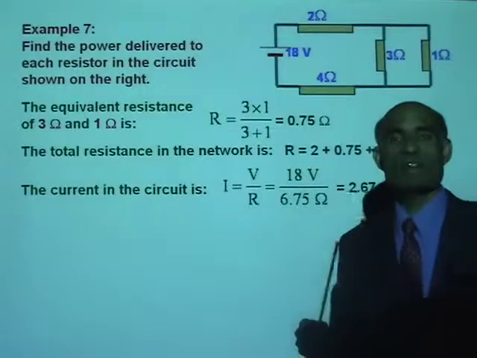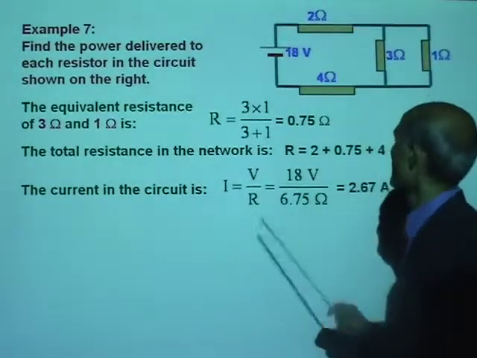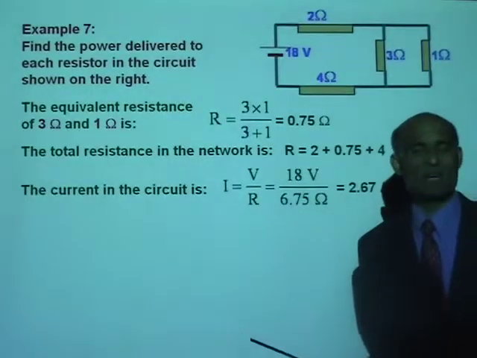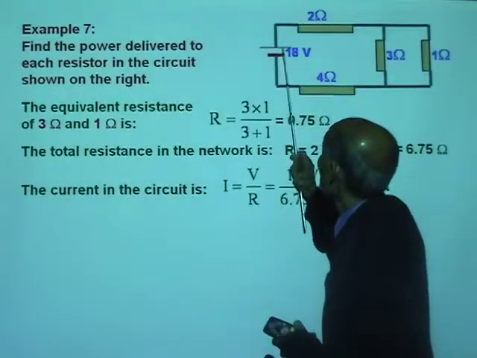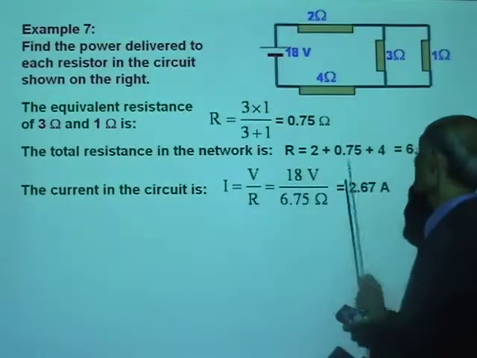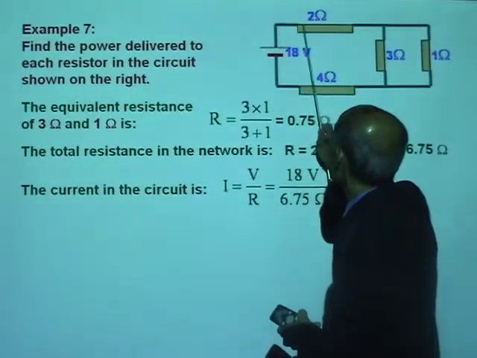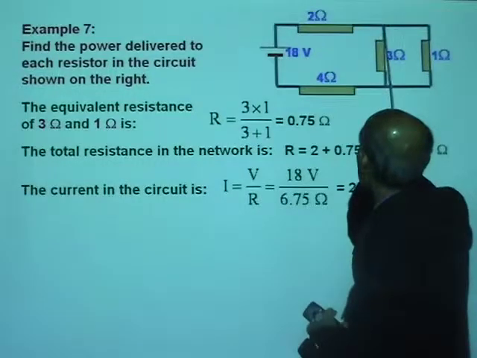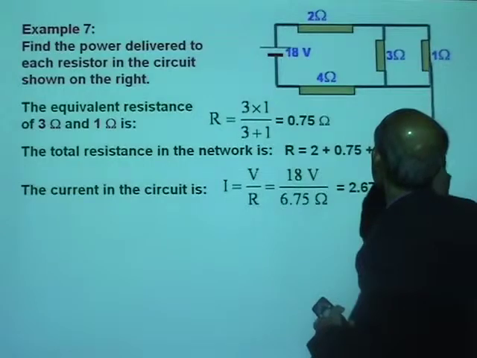Okay, from the understanding we developed from doing problems previously, can you tell me, if the total current is 2.67 ampere, what that means? It means the amount of current that comes out of the cell is 2.67 ampere. That means all of that current goes through the 2 ohm. When it comes here, part of it will go through 3 ohm, the other part will go through 1 ohm.